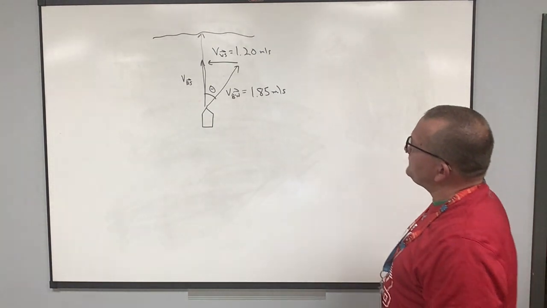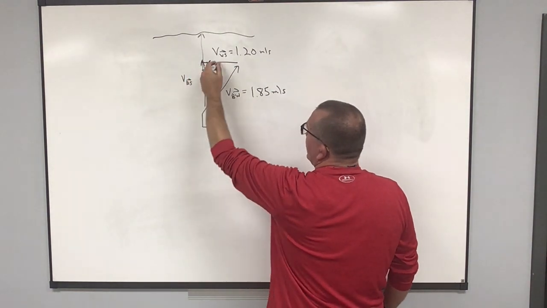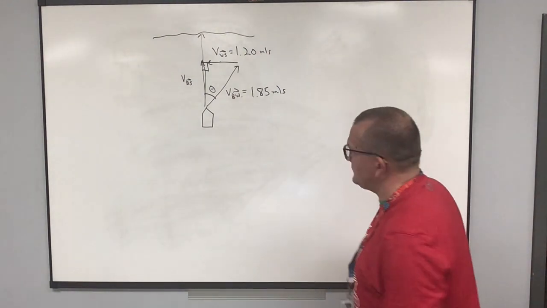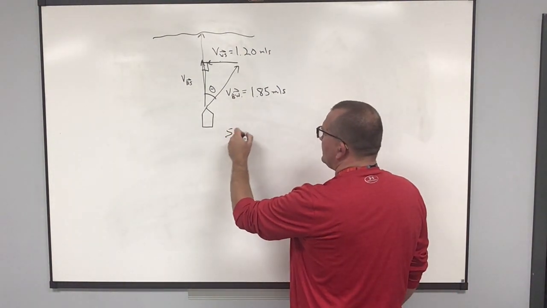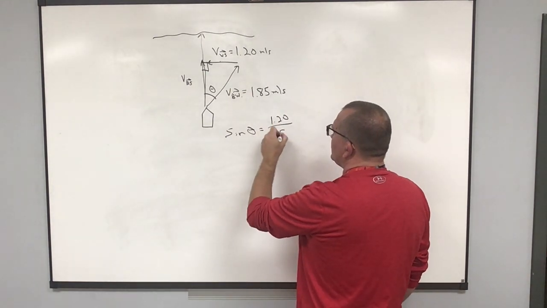To do that, we have a right triangle here, and we know the opposite, and we know the hypotenuse. So that's going to lead us to sine. Sine theta is opposite over hypotenuse.